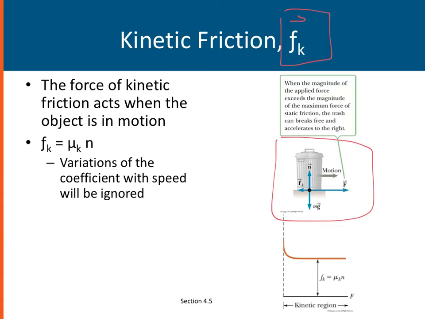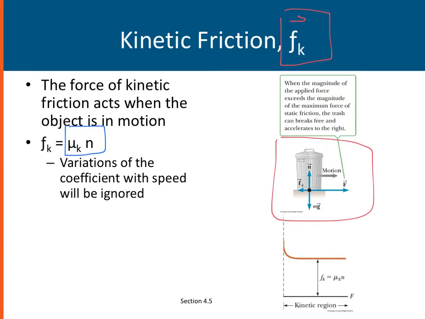But as it is accelerating, there is also a frictional force inhibiting the motion in the opposite direction of the applied force and the opposite direction of the motion. Kinetic friction is not a variable force. It is a constant force in that it's constantly depending on just the coefficient of kinetic friction and the normal force.